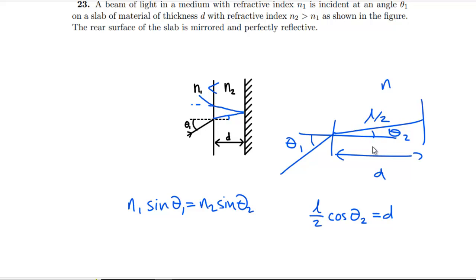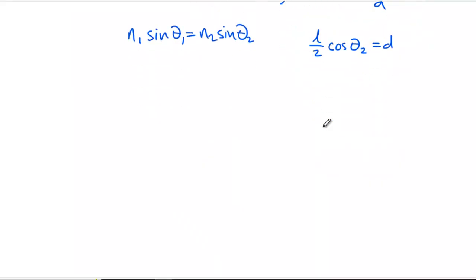So we need to get rid of one for the other. We want L. So L is 2d divided by cos theta 2. And then from here we can say that sine theta 2 is n1 over n2 sine theta 1.